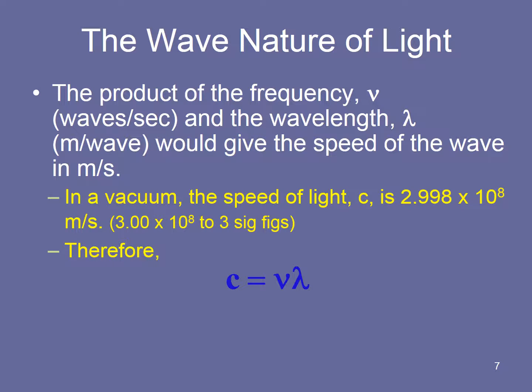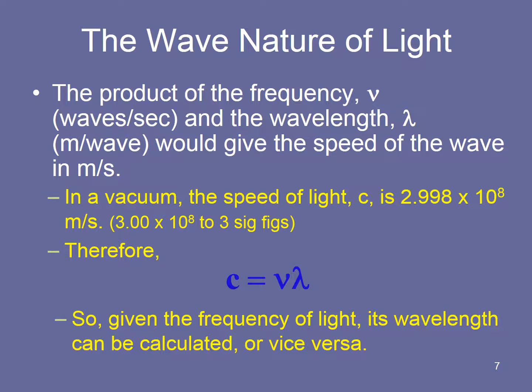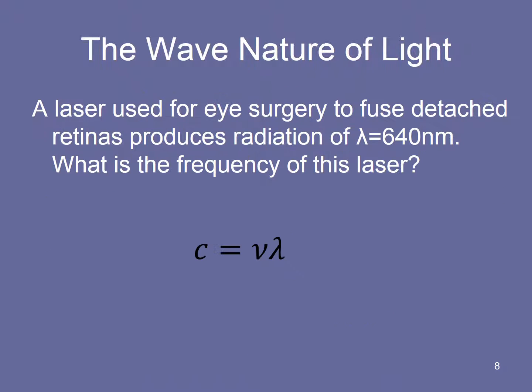So c is the constant, 2.998 times 10 to the 8th meters per second. Lambda times nu, wavelength times frequency, equals c, the speed of light. It's really handy because if you're given the frequency of light, then you can find the wavelength. If you know the wavelength, you can find the frequency.